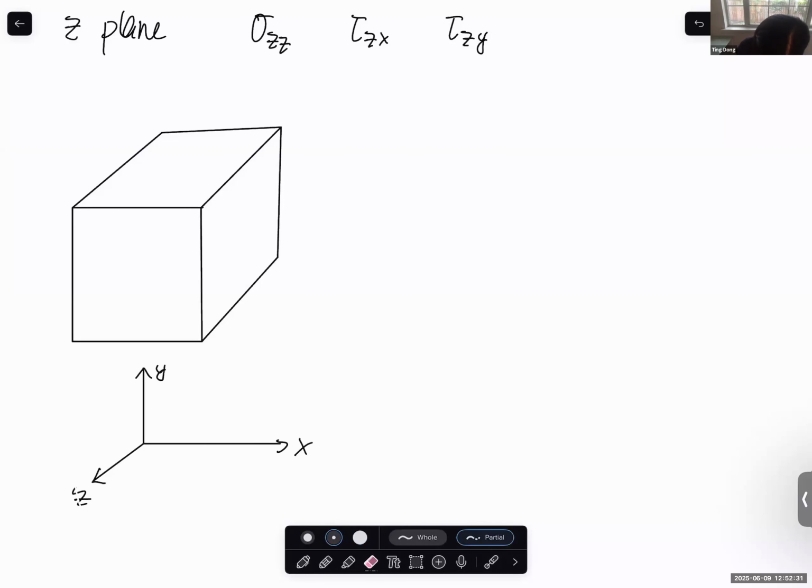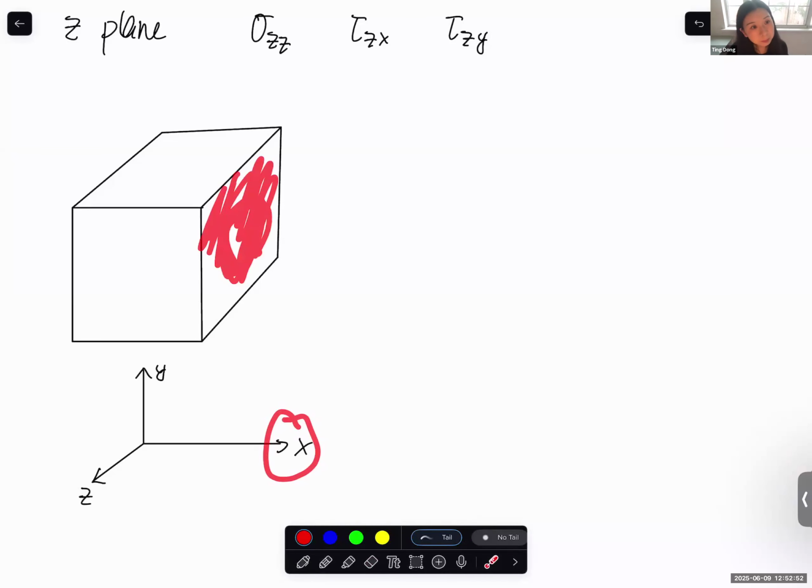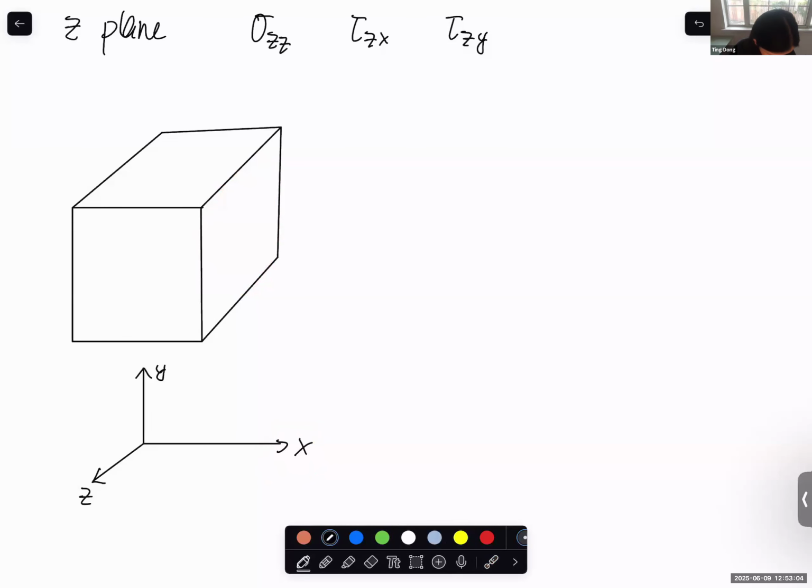Since we know they are orthogonal, if we have the stress components on all three planes, we can completely define the state of stress at a point. Since this is the x direction, this plane should be the x plane. And on this x plane, we already talked about the three components: normal stress sigma x, shear stress tau xy, and tau xz.